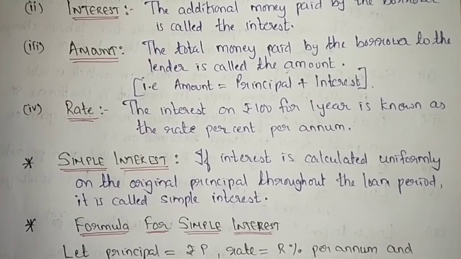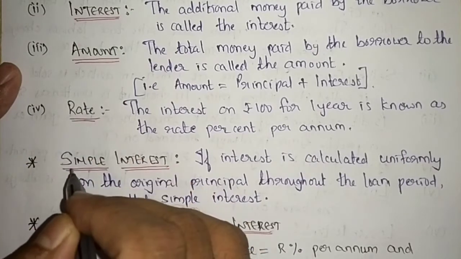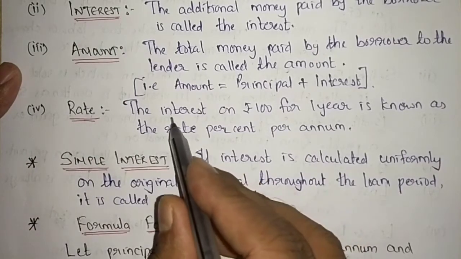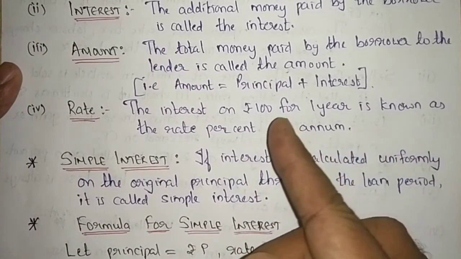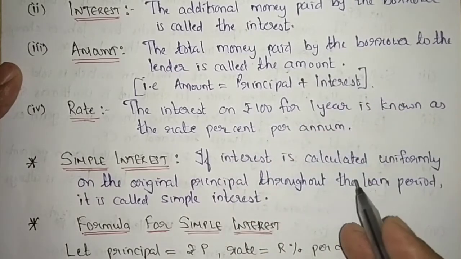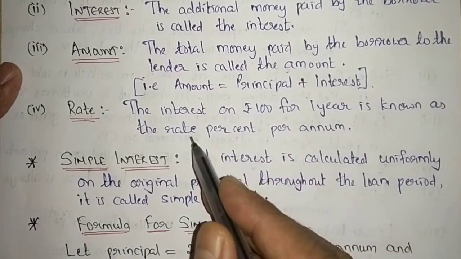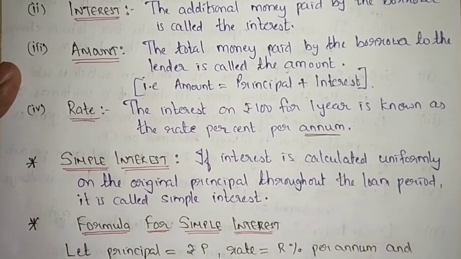That percentage, 10%, 5%, 6%, whatever I am taking, is known as the rate percent. The interest on 100 for 1 year is known as rate percent per annum. Per annum means per year.